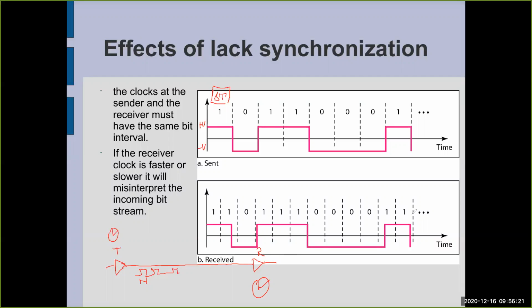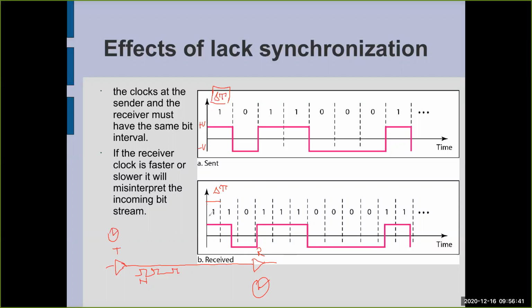Of course, here we have an exaggerated example, but I think it's important to understand it. For our receiver, delta t is like this, so it takes less time than for the transmitter.